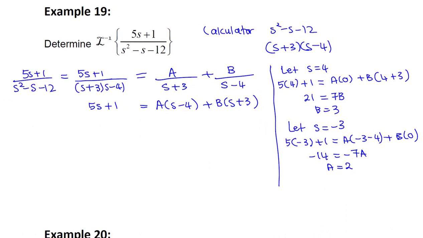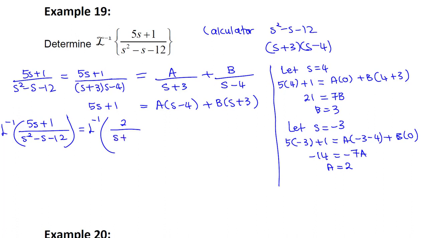Now you find the Laplace inverse. Laplace inverse of (5s plus 1) divided by (s squared minus s minus 12) equal to Laplace inverse of, A is 2, so 2 over (s plus 3), and then plus Laplace inverse of B is 3 divided by (s minus 4).